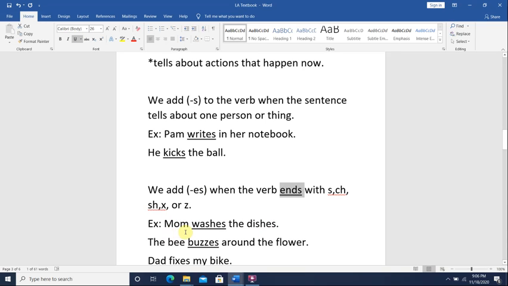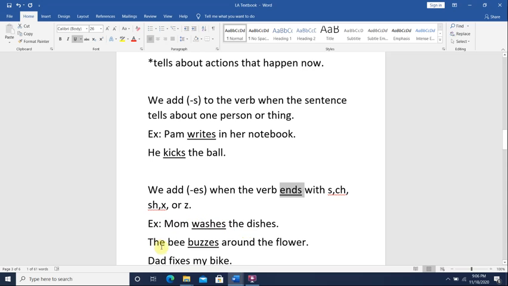Mom is one person, and wash ends with SH. So to show that Mom is washing, she's doing it now, or it's in the present tense, I add ES to the verb. So Mom washes the dishes. When is she washing the dishes? Now, in the present tense. How do I know? Because it ends with ES.